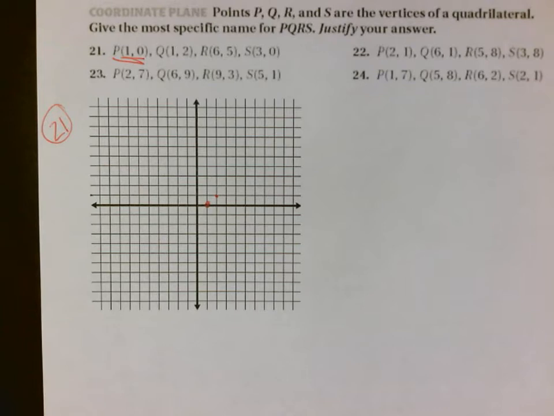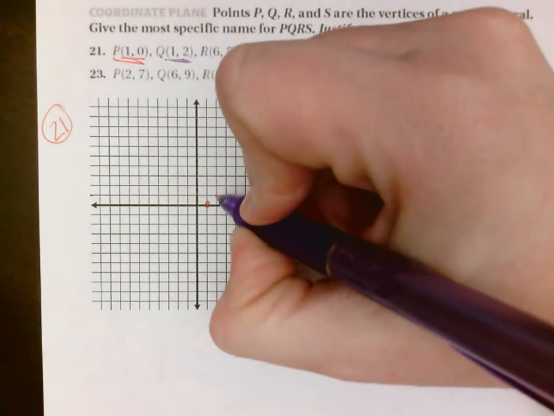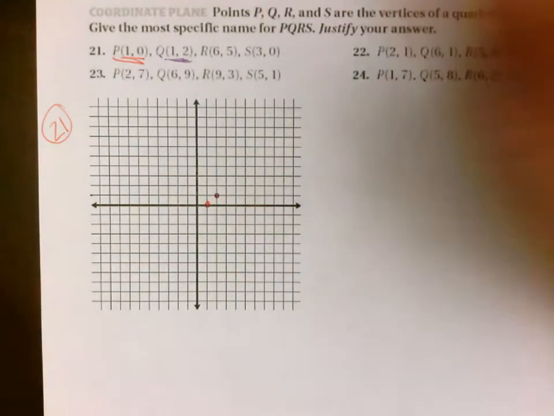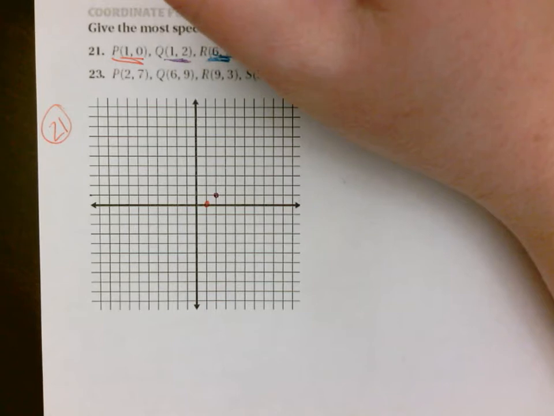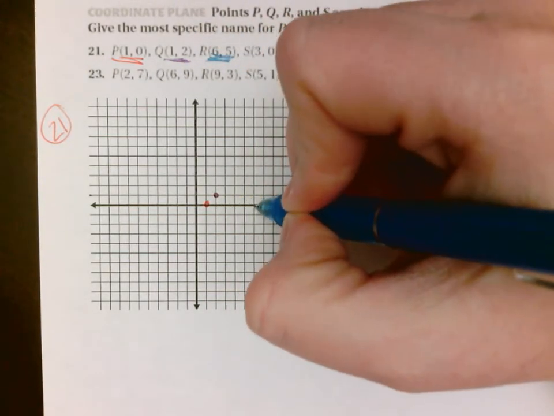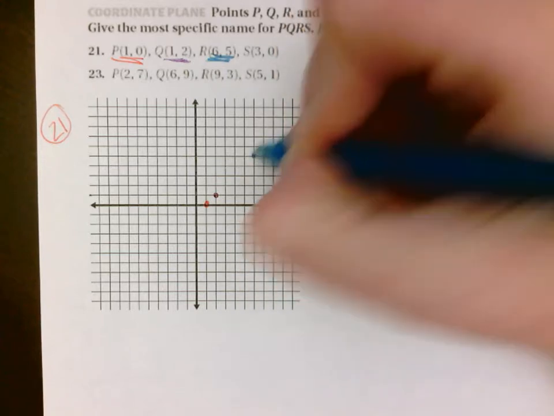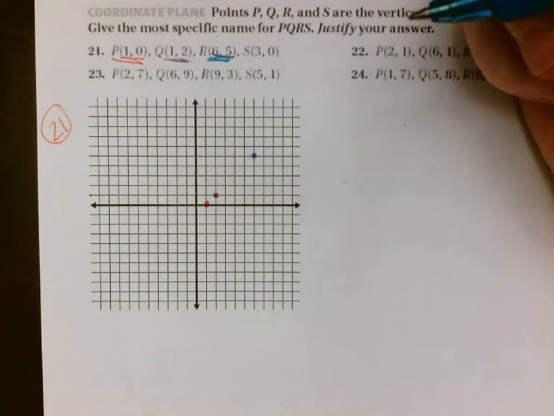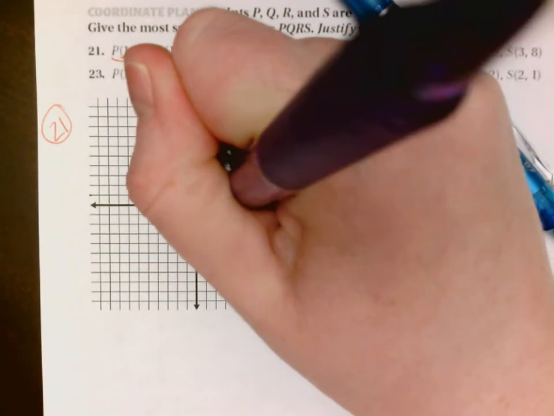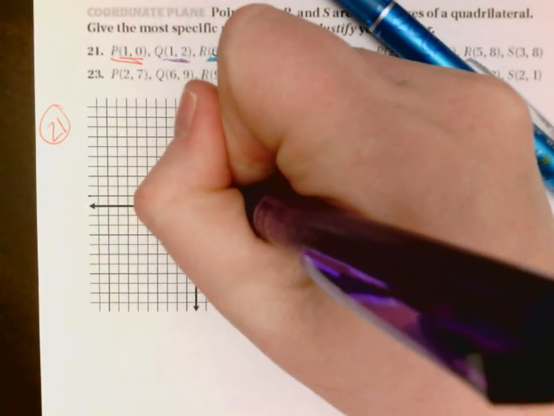I think I'm doing a different color. R is 6, 5. Oops, did I graph that one right? That is not 1, 2. 1, 2 would be right here.